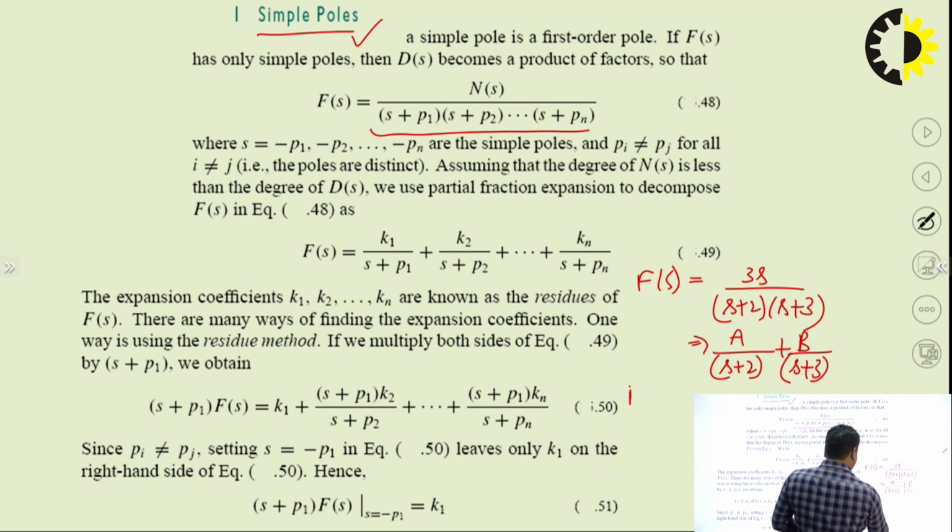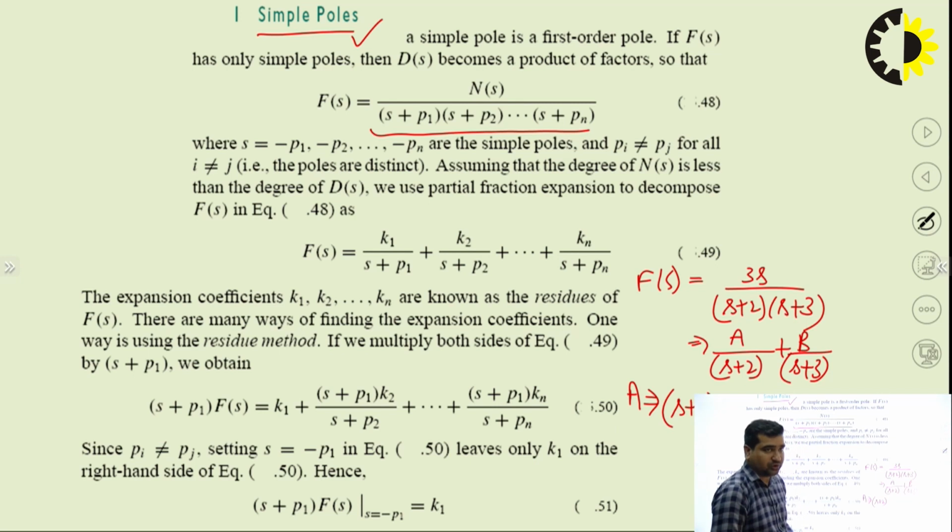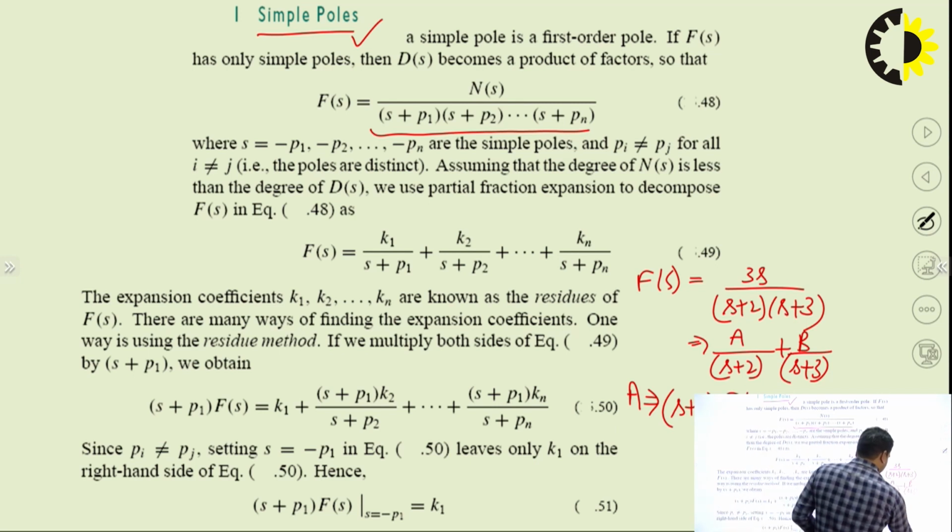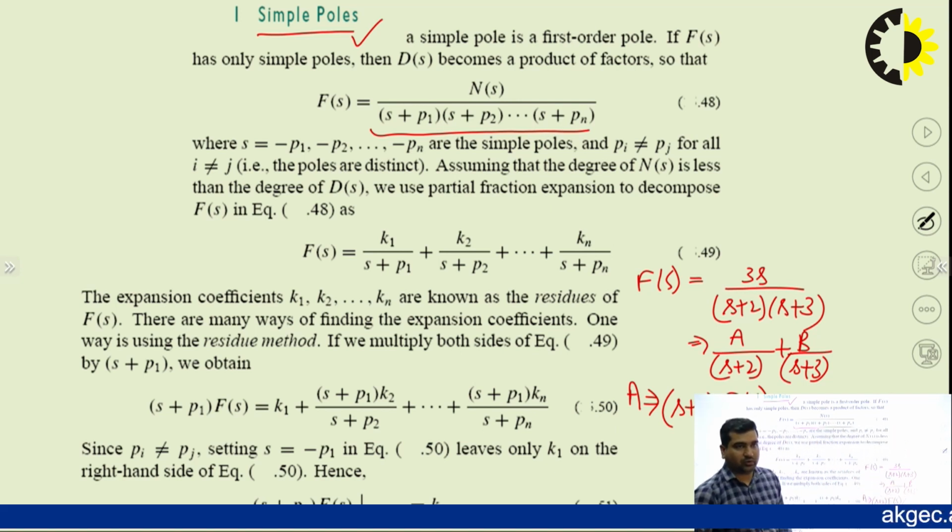To find the value of a, we multiply F(s) by s plus 2, the denominator of that term, and evaluate at s plus 2 equal to 0. It means s equal to minus 2.